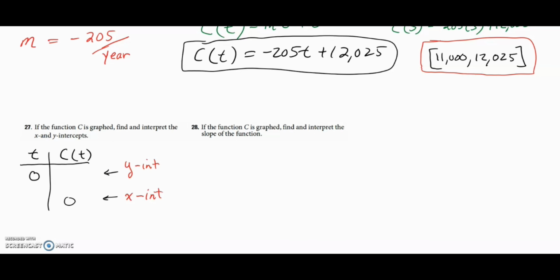I have t and c of t, just like x and y. If t is equal to 0, I'm going to find a value for c of t, and that's going to give me the y-intercept. And if I let the entire c of t be 0 and find t, that's going to give me my x-intercept. Let's take a look at a graph and do this.